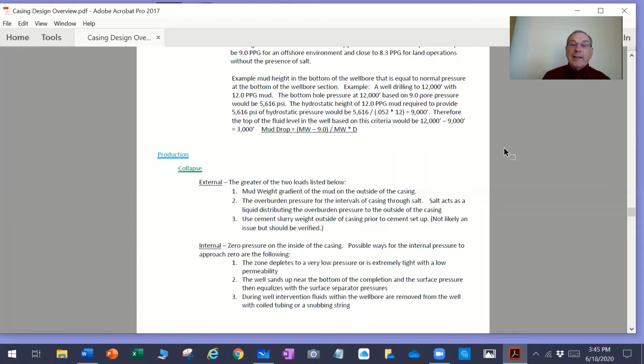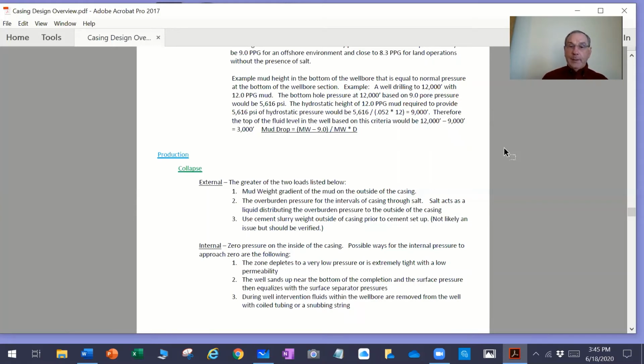And here are some possible ways for the internal pressure to approach 0. It's almost impossible to get to 0, but we can get to some pretty low values. Number one, the zone could deplete. You could complete a well in a gas zone, and over a number of years, it simply depletes.